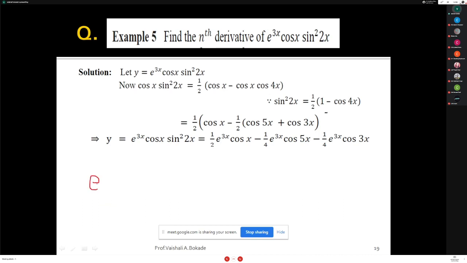What formula do I have for e raised to ax into cos of bx plus c? I have to recall that formula.